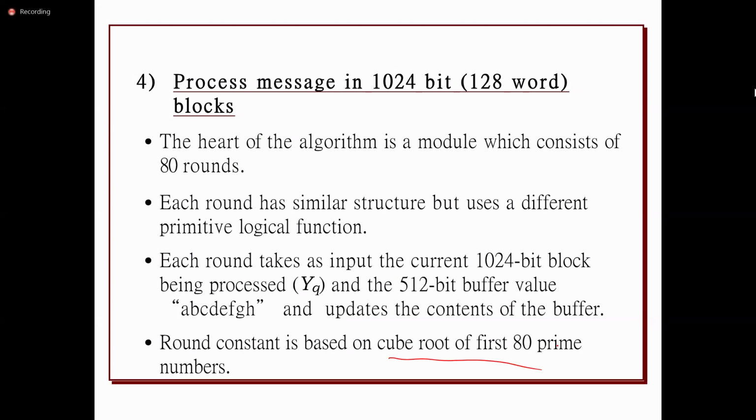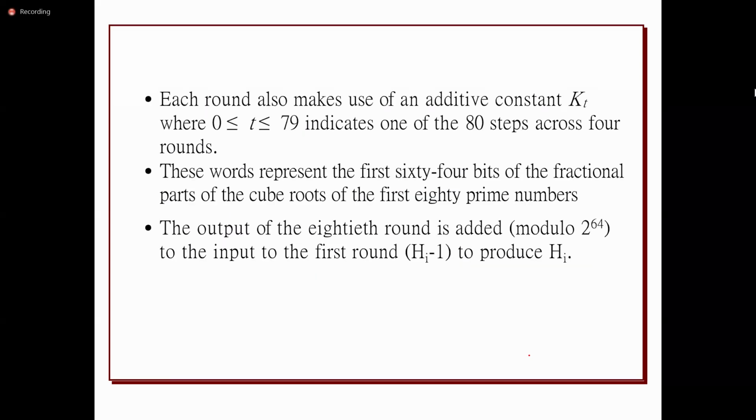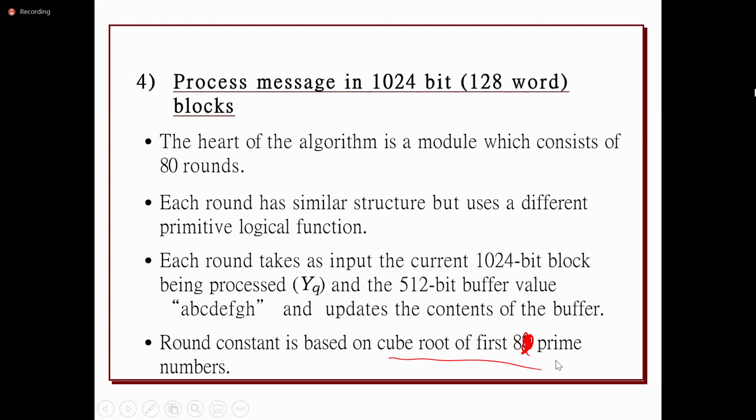For the initial buffer, initial value, it is going to use the square root, whereas for the round constant, it is going to use the cube root of the first 80 prime numbers, because it is going to perform 80 rounds, right?